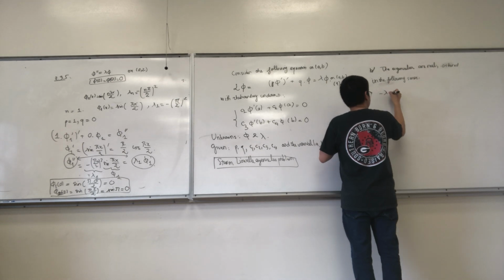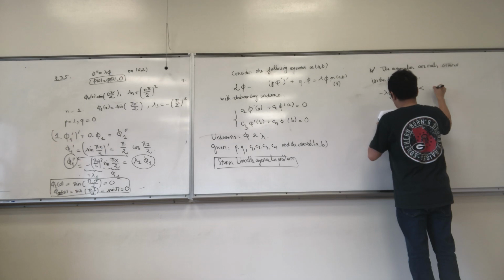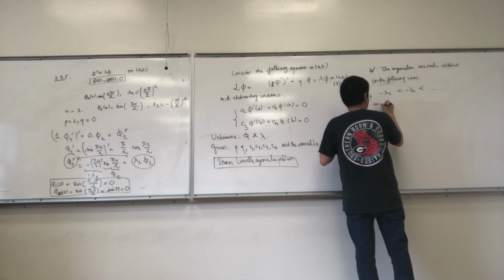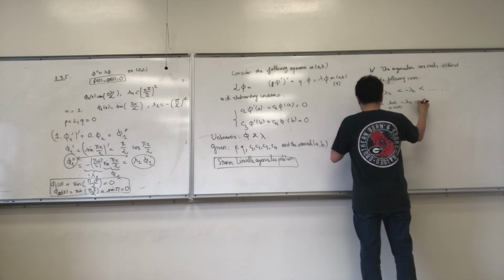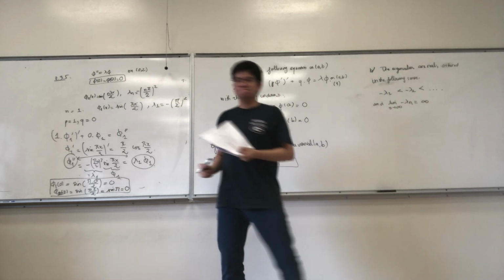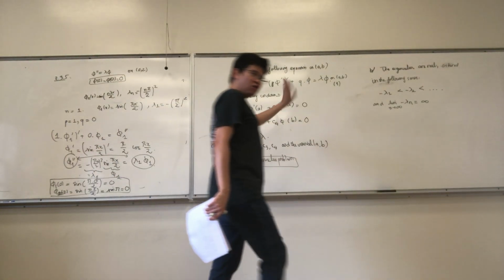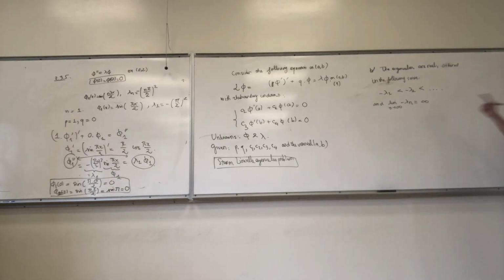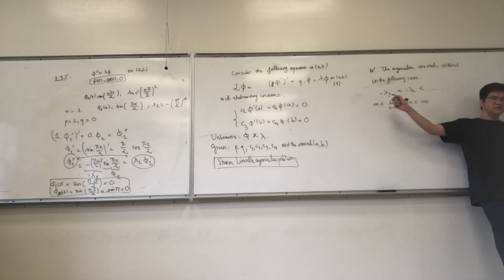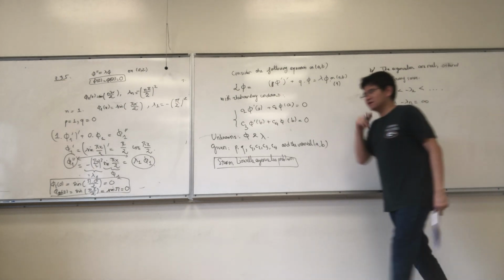You have minus lambda 1 is smaller than minus lambda 2, and the limit when n tends to infinity of minus lambda n is infinity. So the second property is that all of the eigenvalues, lambda 1, lambda 2, lambda n, are ordered in the following sense. The minus of lambda 1 is smaller than the minus of lambda 2, and this is smaller than the minus of lambda n. And if you take the limit of minus lambda n, it goes to infinity.